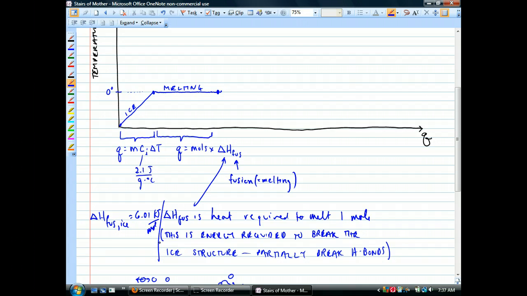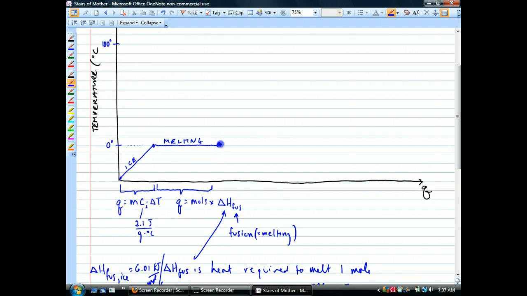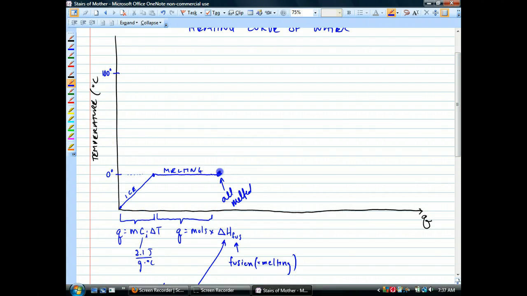So it takes 6,000 joules for every mole to melt the ice. That's quite a bit. Once we hit here, all the ice is melted at this point. And then we start going up again.